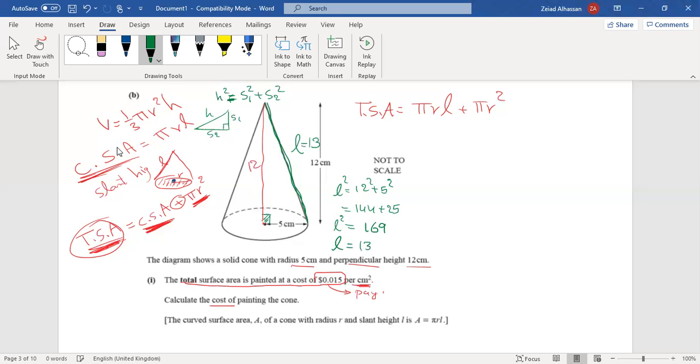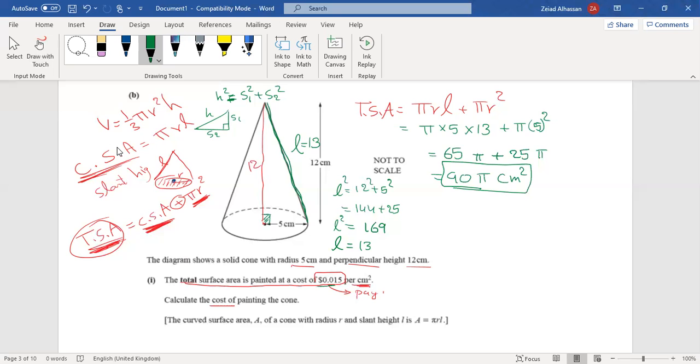Let's calculate: pi times radius times 13 plus pi times 5 squared, which is equal to 65 pi plus 25 pi. That equals 90 pi centimeters squared, the total surface area for this cone.